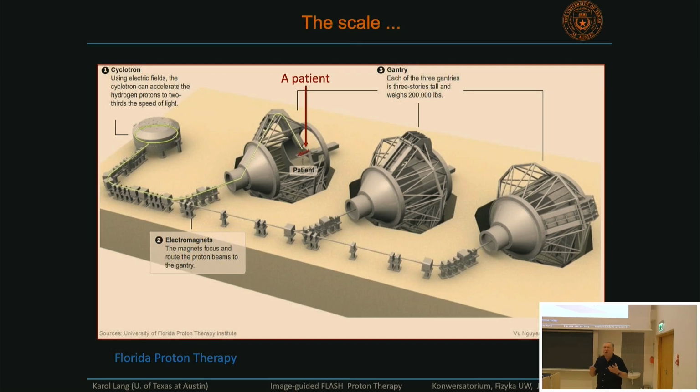It's because of the stability necessary for delivering the beam. It's because of the radiation shielding. So roughly speaking, out of the $200 million which such a center costs, 150 goes into civil construction. So all of this is just a quarter of the total.